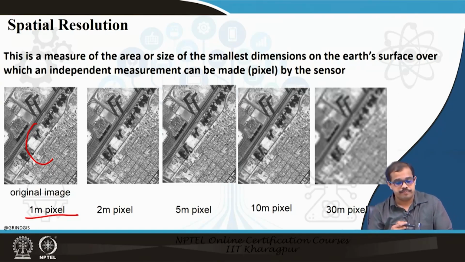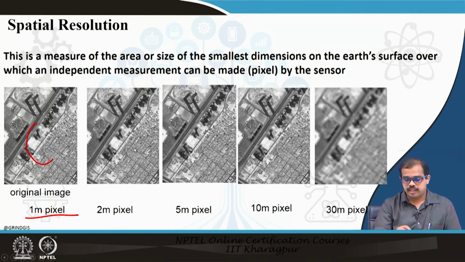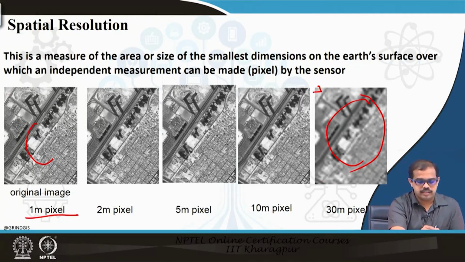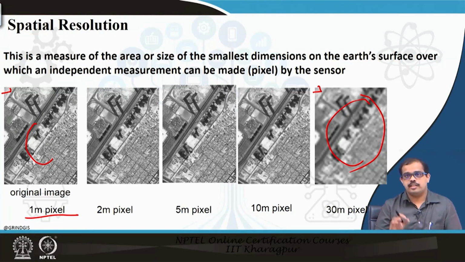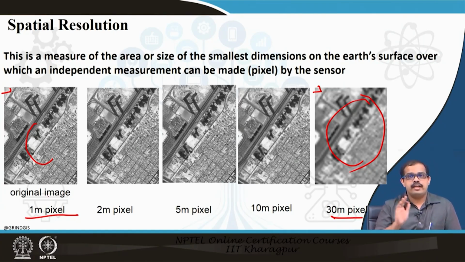Then the same image is resampled to 2 meter, and to 30 meter. This pixel here represents 1 meter by 1 meter, and this pixel represents 30 meter by 30 meter, which means a 30 meter pixel is coarse resolution data, whereas 1 meter is very fine or very high resolution data.